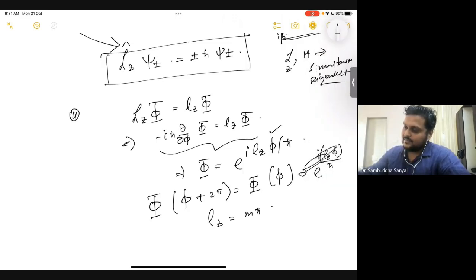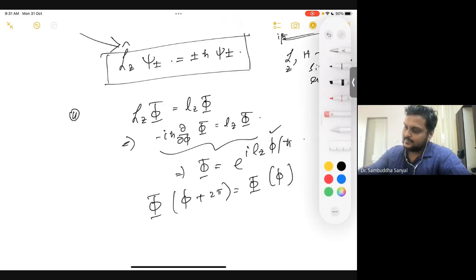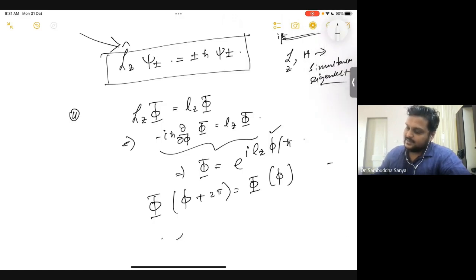Okay, let me write it more clearly. So this tells you e to the power i Lz by h bar (φ plus 2π) is equal to the same thing.